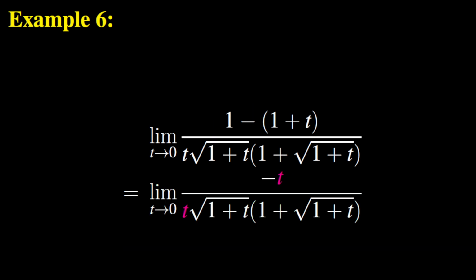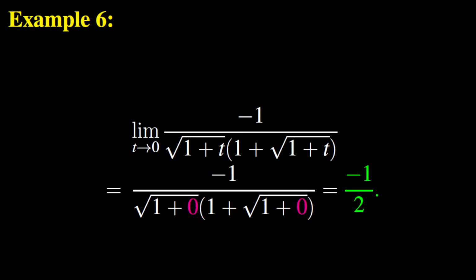It appears that t is the common factor in this expression. We simplify t and the new expression is negative 1 over, square root of 1 plus t times 1 plus square root of 1 plus t. Now that we have completely simplified this expression, we plug 0 for t to compute the limit. It comes that the limit is negative 1/2.